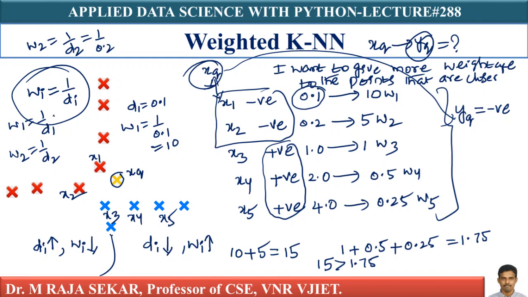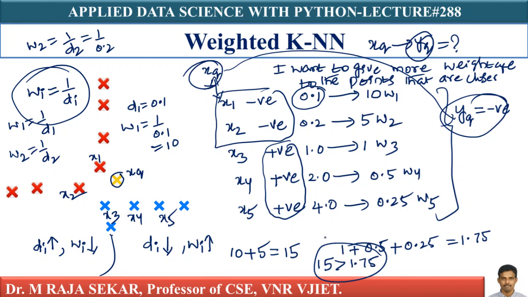If I use weighted KNN such that weight equal to 1 by distance of the point to query point XQ, I declare that my class label YQ is negative. What is the reason? 15 is greater than 1.75. Such a strategy is called the weighted K nearest neighbor algorithm.